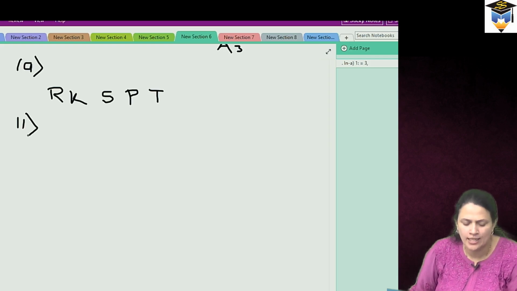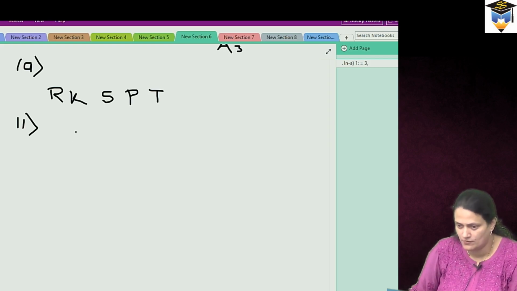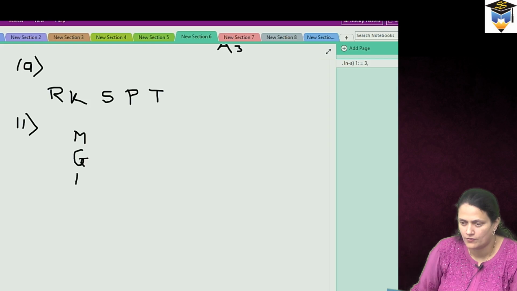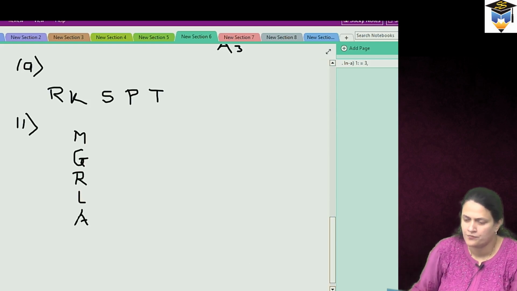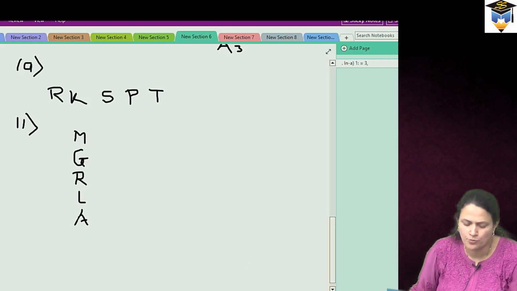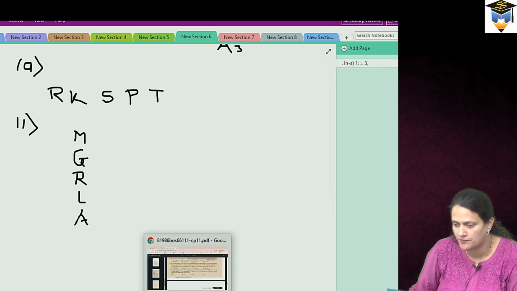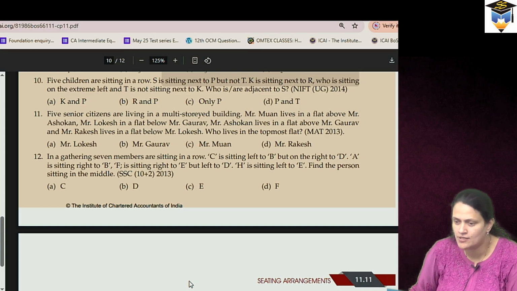So basically they are arranged in a line. Mohan, then Gaurav. Mohan. Option C is the correct option for the 11th one.